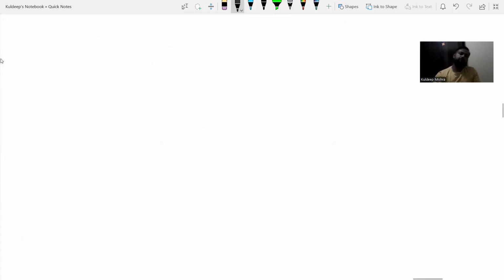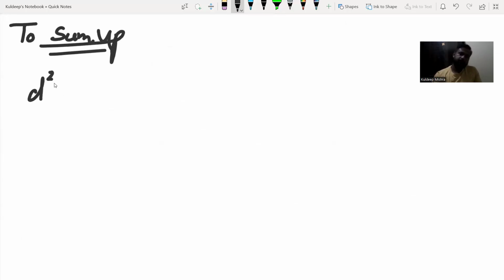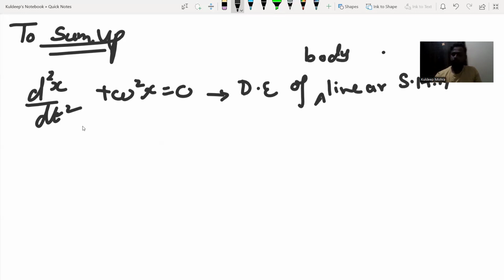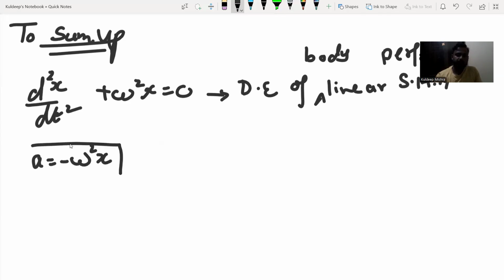So to sum up, d square x over dt square plus omega square x is equal to 0 is the differential equation of a body performing linear SHM. The formula for acceleration is minus omega square x in linear SHM.